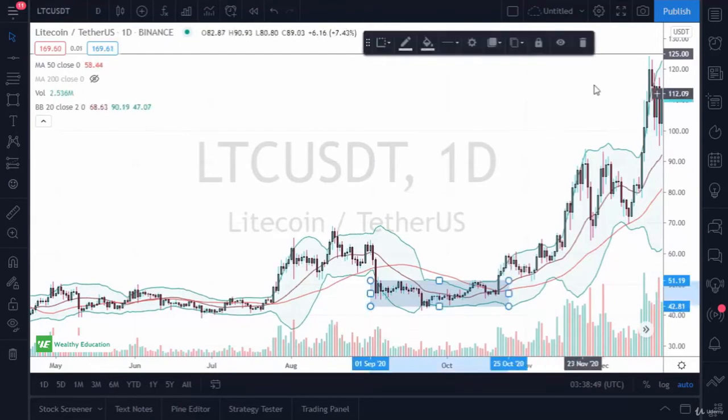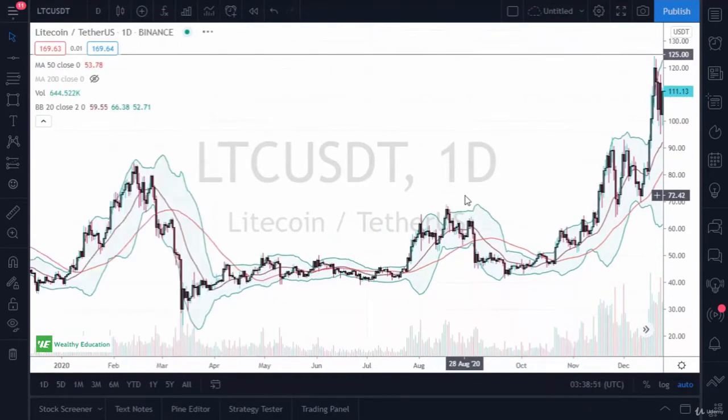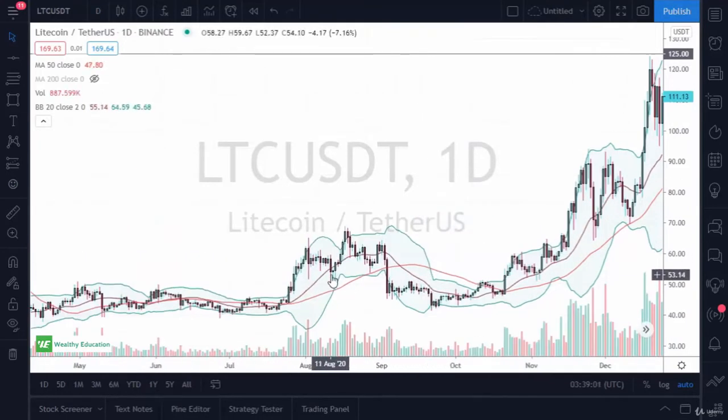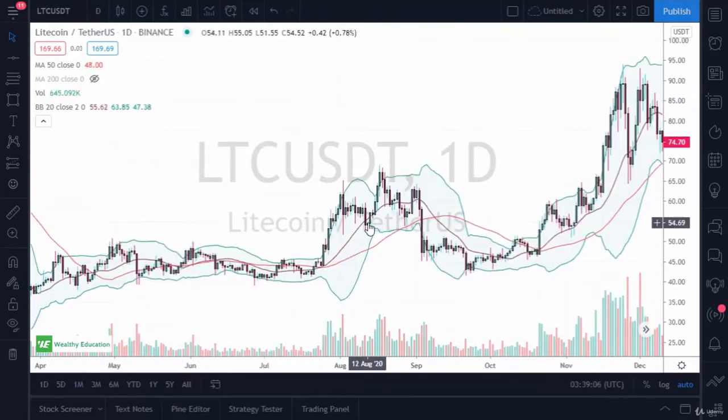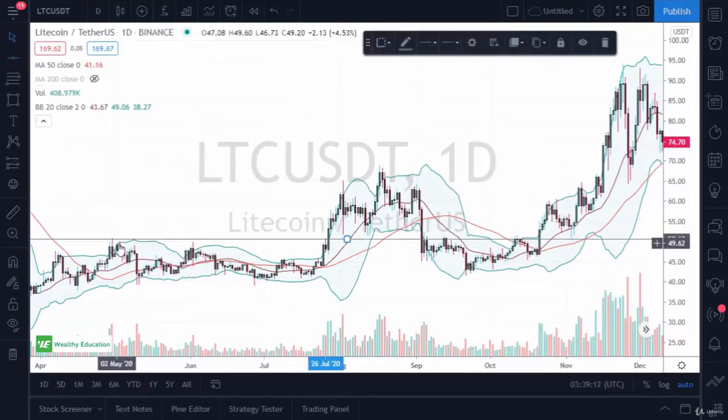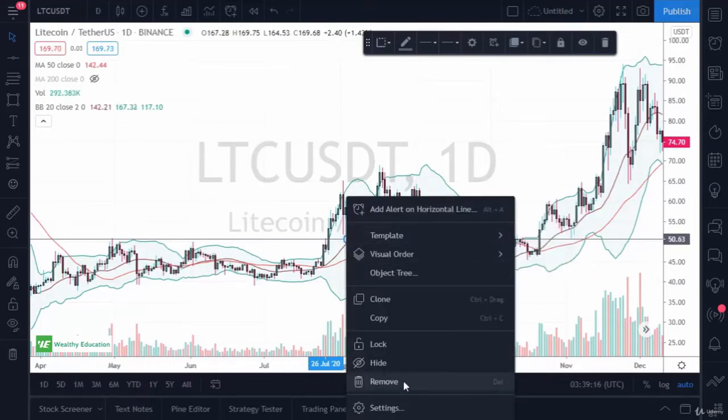I mean, there are so many signals here just screaming to buy this. Nice Bollinger Band squeeze. We broke out of it. Rallied rather significantly, formed a little bit of a hammer right here. Why is that level important? Well, that level is important because there was resistance there previously. So we found support.